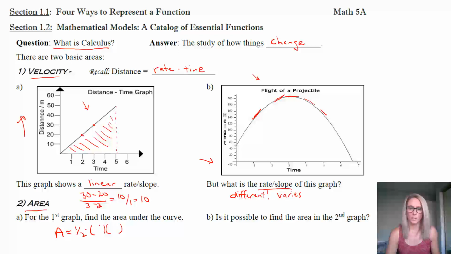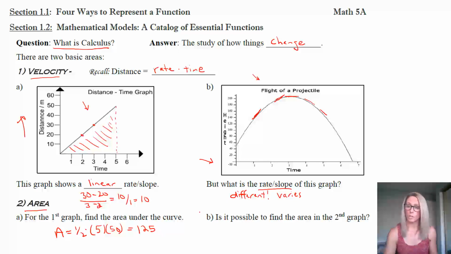So the base of this triangle is 5. And the height of this triangle is, it looks like 50. So if we multiply that out and do the work here, we should get, let's do it, 0.5 times 5 times 50. We're going to get 125. No surprise there. And that's going to be some sort of units of area, depending on what is in the graph.